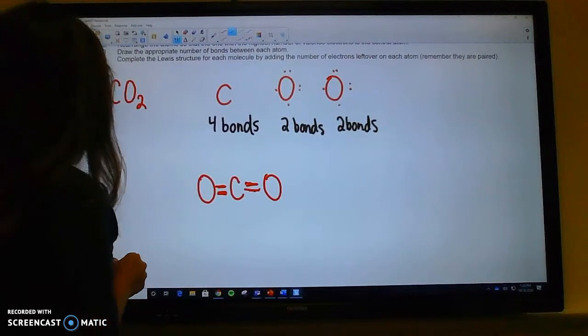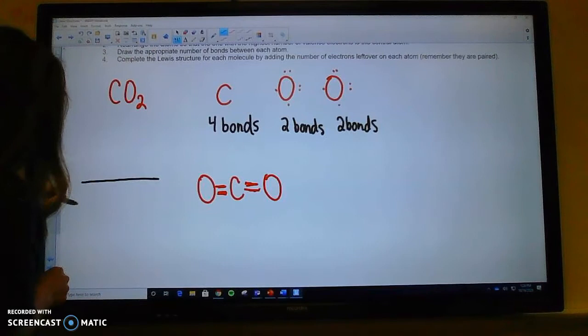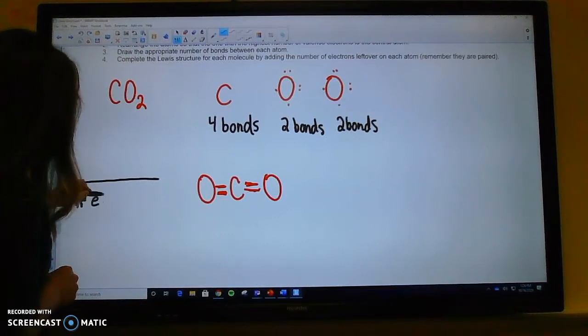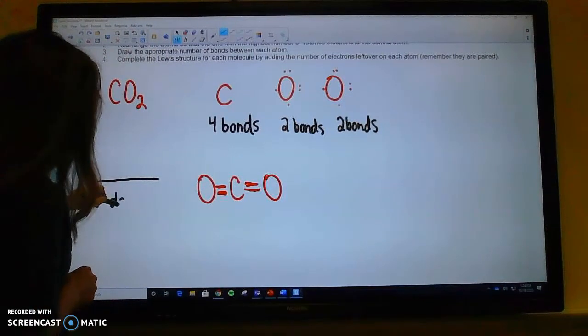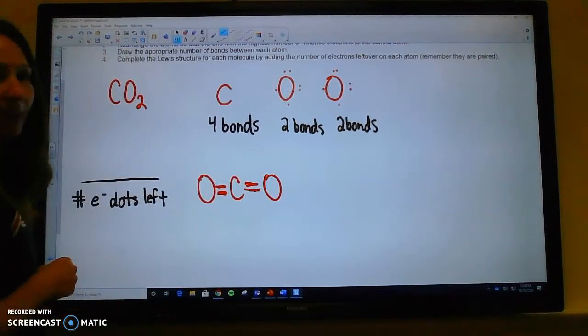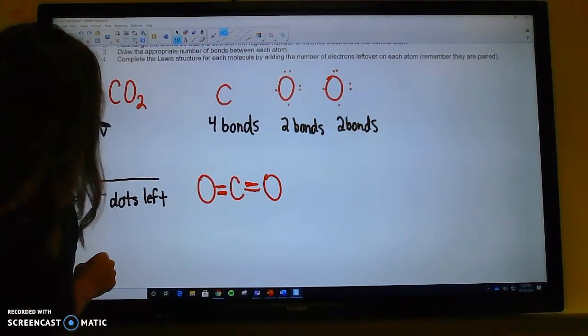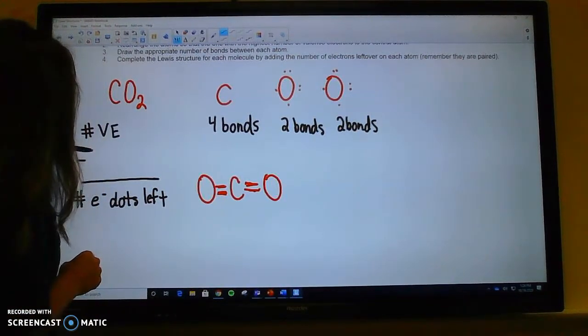To figure out the number of electron dots left over, we're going to take the number of valence electrons minus the number of bonds.